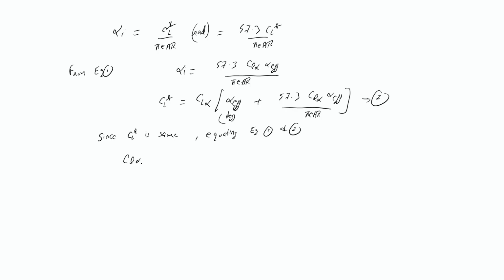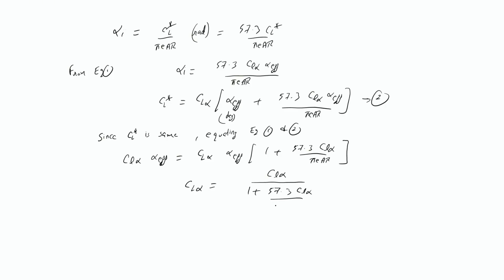C capital L alpha into alpha effective, I am taking common. So we get 1 plus 57.3 Cl alpha upon pi E AR. Alright. And finally we can write C capital L alpha equals C small l alpha divided by 1 plus 57.3 Cl alpha by pi E AR.